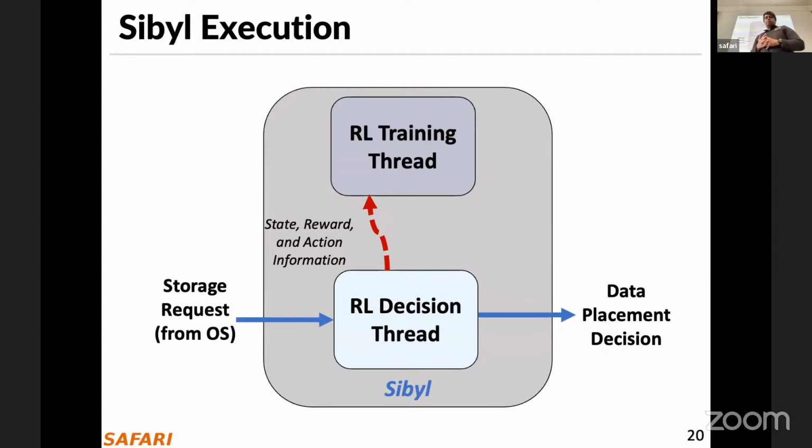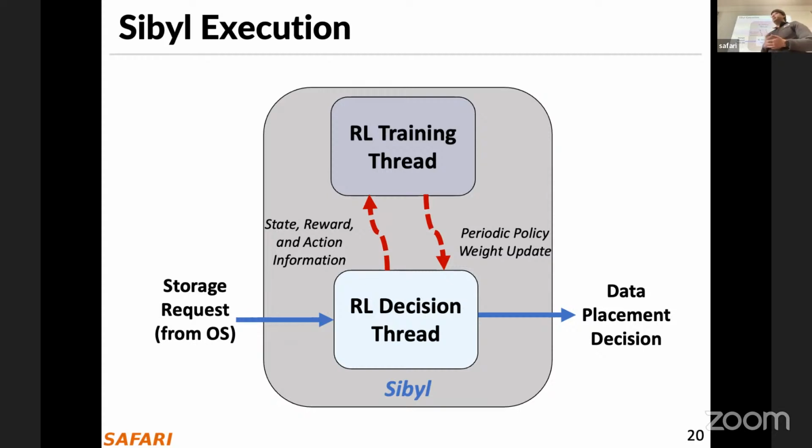In Sibyl, we use a simple feed-forward network with one input layer, two hidden layers, and an output layer. This RL training thread trains that neural network in an asynchronous manner, and it periodically updates the policy weights to the decision thread.